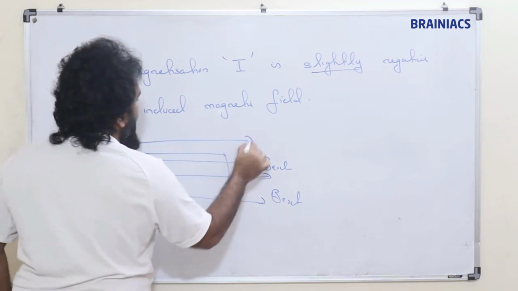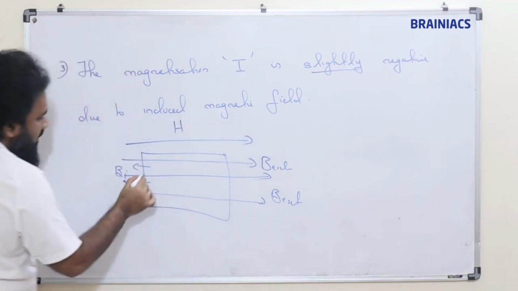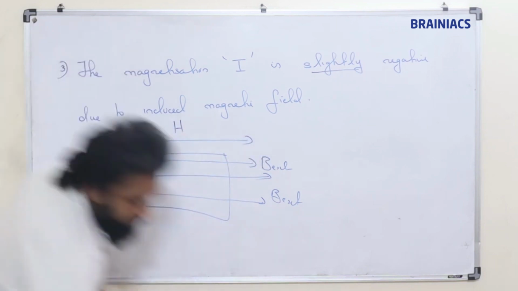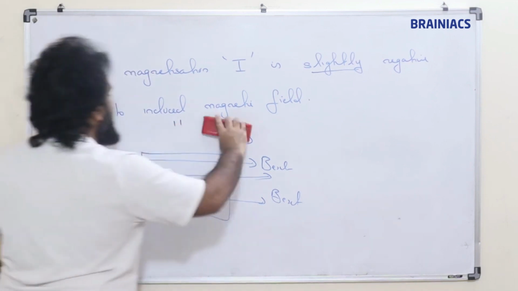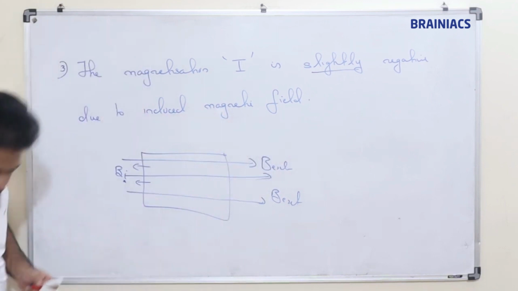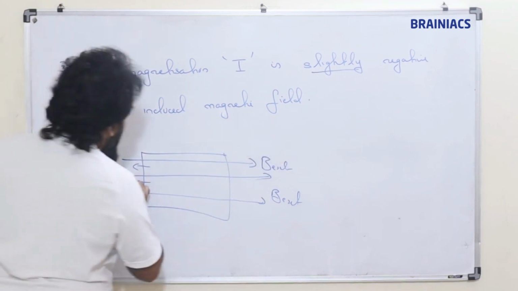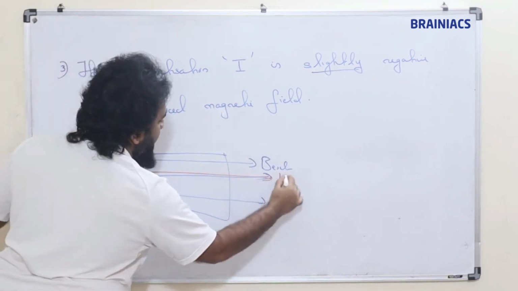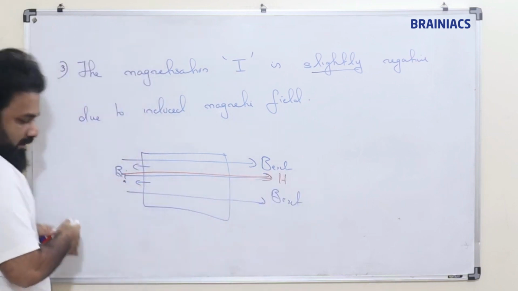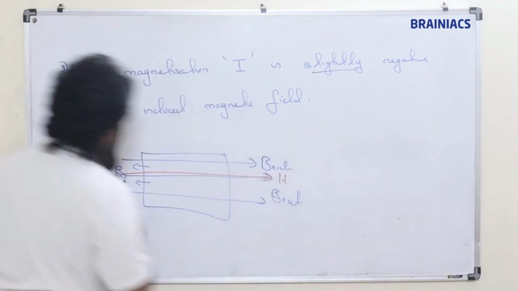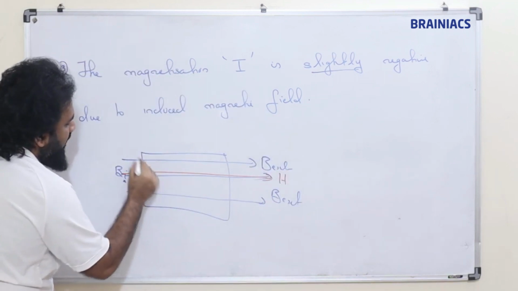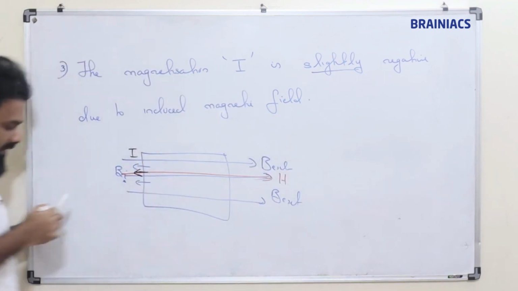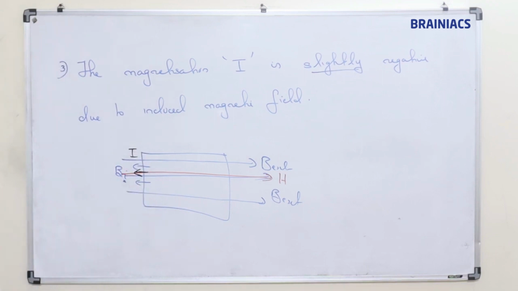So here H will be there, and in the opposite direction, a very small value of I also will be there. Clear? Okay, done.